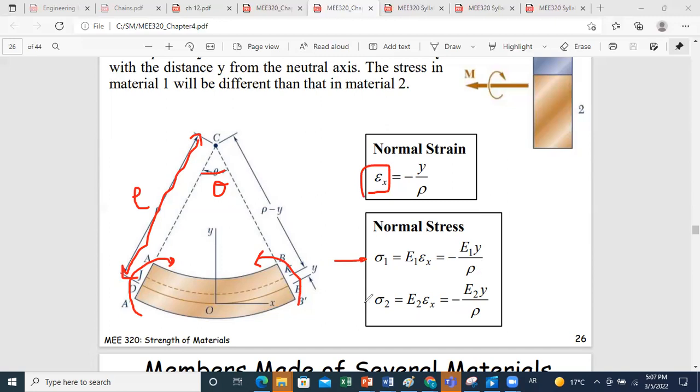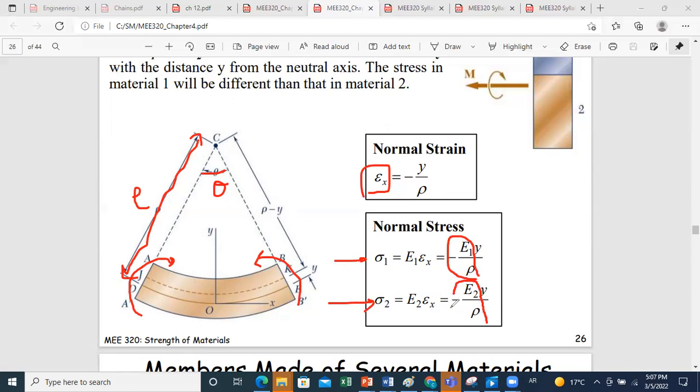In material 2, sigma 2 is E2 times epsilon x, which is minus E2 y over rho. So if you compare the slope of variation of normal stress in material 1, it's different than the slope of variation of stress in material 2.